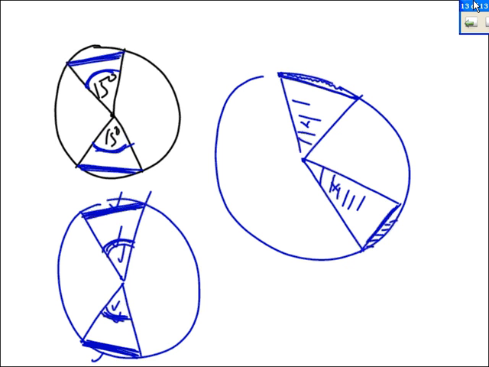They come in pairs. So we talked about central angles and arcs. We talked about central angles and chords. Now we're going to talk about chords and arcs. Again, we talked about arcs and central angles.